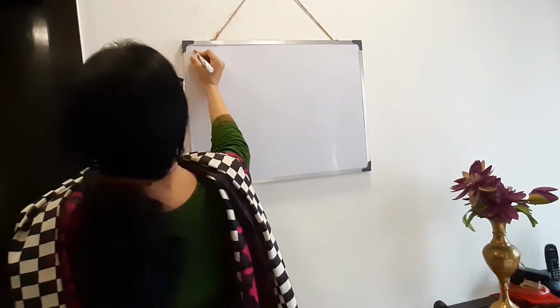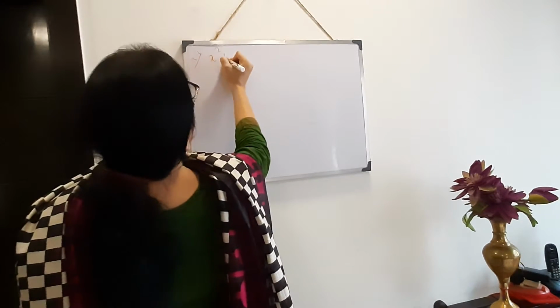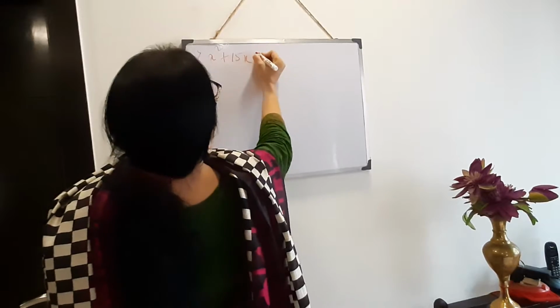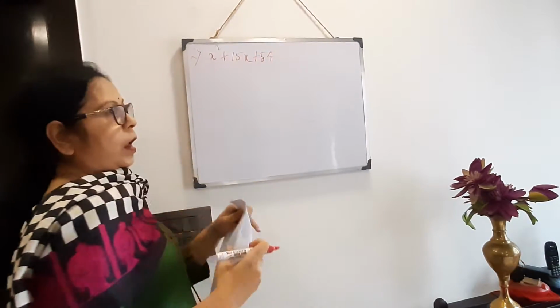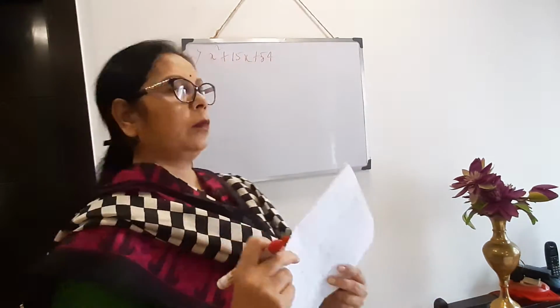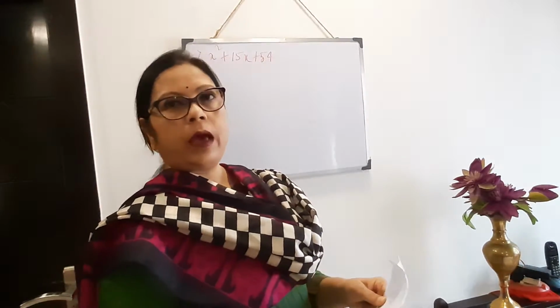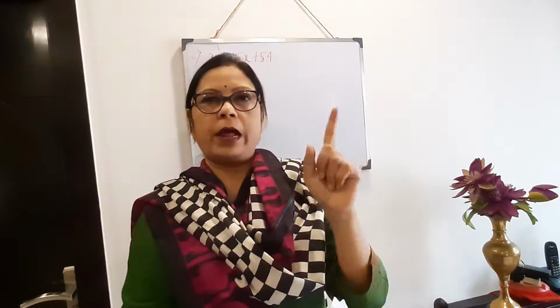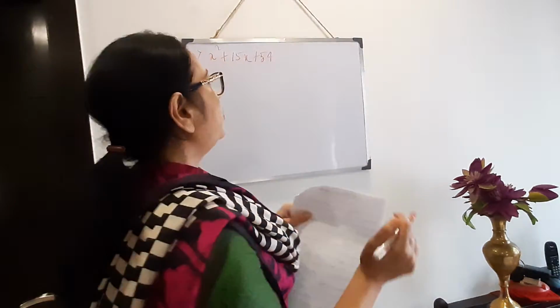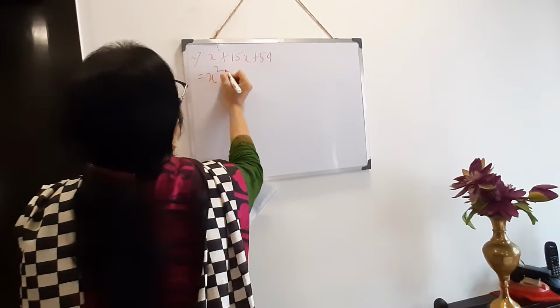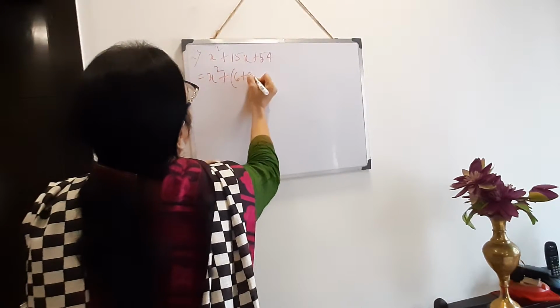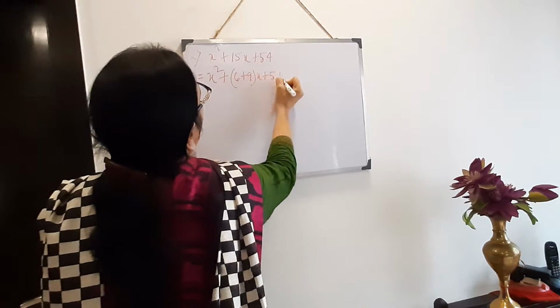If it is in this form, x square plus 15x plus 54. Now 54, what are the factors of 54? 54 is 6 into 9. 6 nines are 54. And if you add 6 and 9, you see 15 is coming or not. 6 plus 9, 15, middle term is coming. So how to do? x square plus 6 plus 9x plus 54.